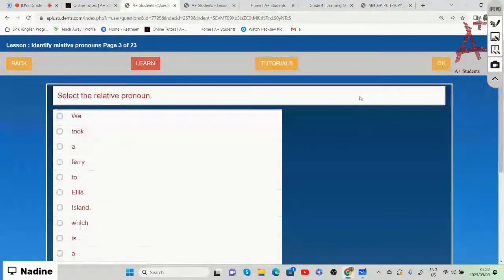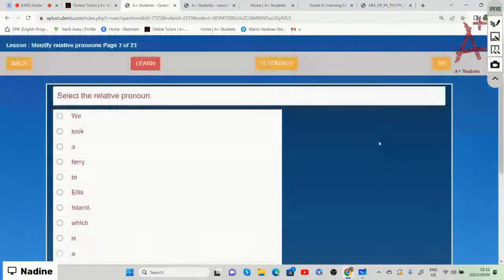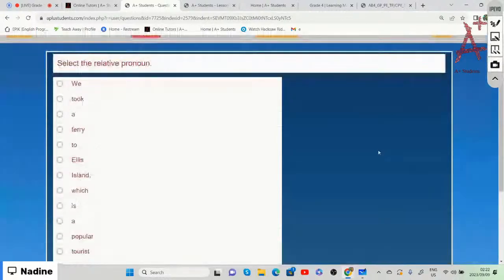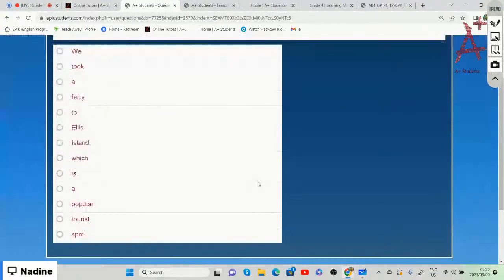We took a ferry to Ellis Island, which is a popular tourist spot.